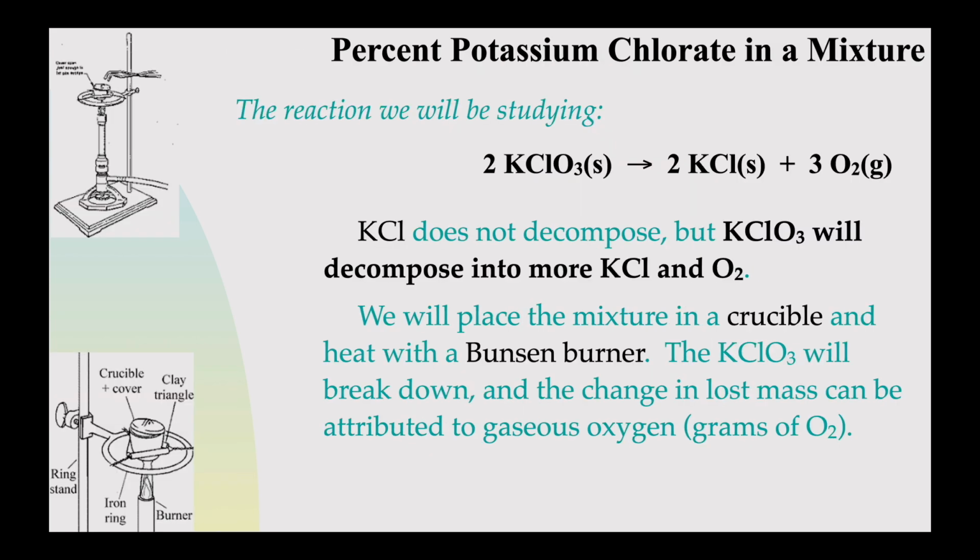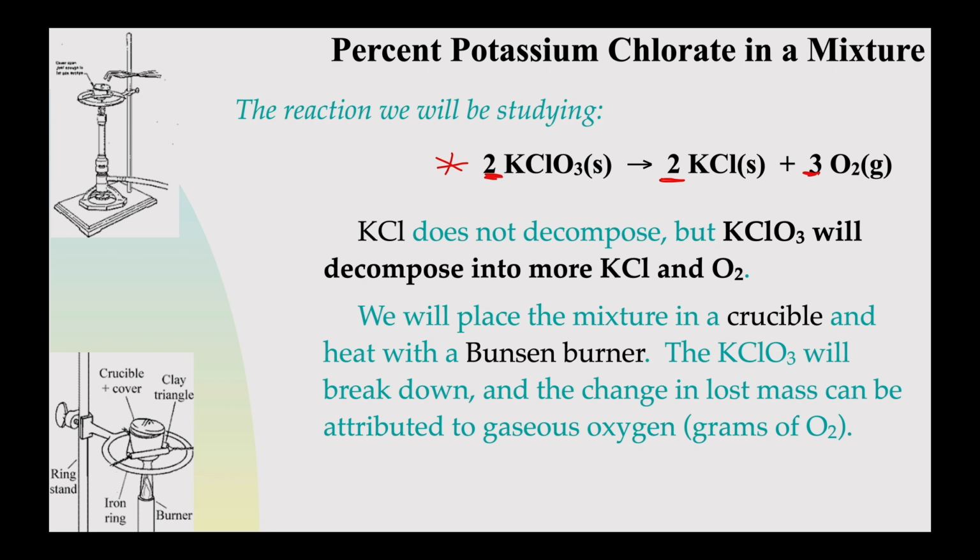Here's the overall balanced reaction for what's happening. Potassium chlorate breaks down to potassium chloride and oxygen. And because oxygen is a diatomic, we're going to write it as O2, but the chlorate has 3 oxygens in it. So we're going to add stoichiometries of 2 and 2 to both of the potassium pieces there, while the oxygen gets a 3.